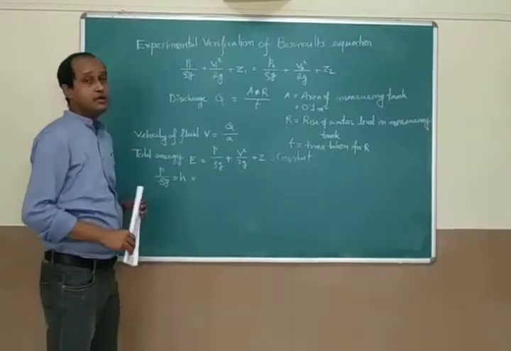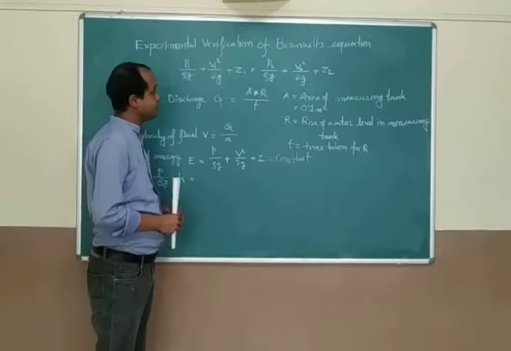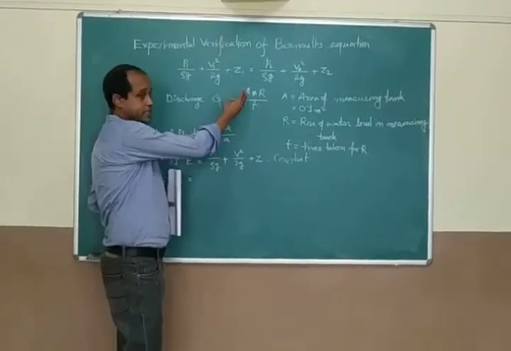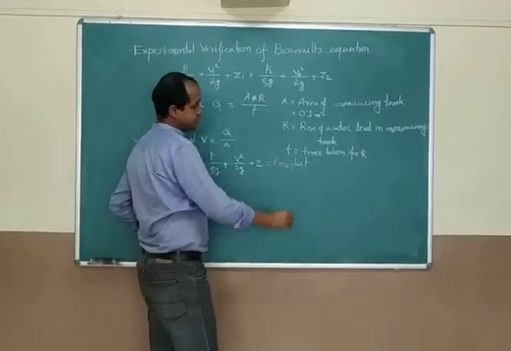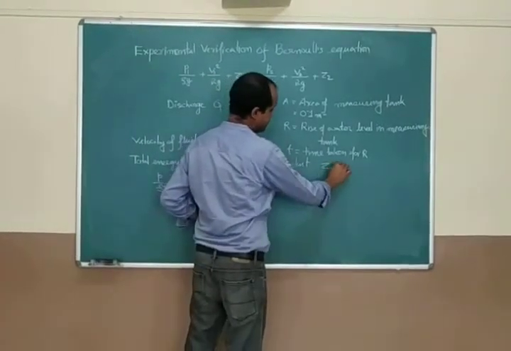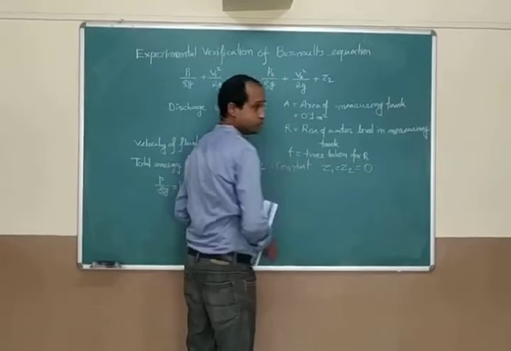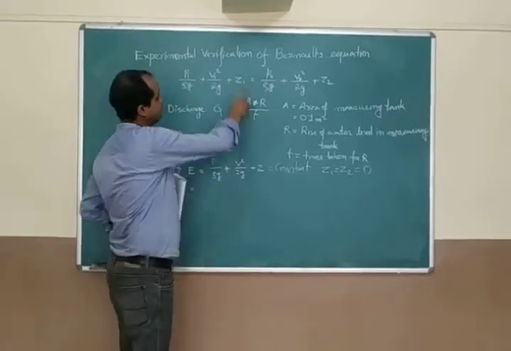In this particular verification, since our experimental setup is in a horizontal position, section 1 and section 2 will be the same. So in that sense, your Z1 is equal to Z2, and we can assume this is 0 because it has no value. It will completely cancel out.